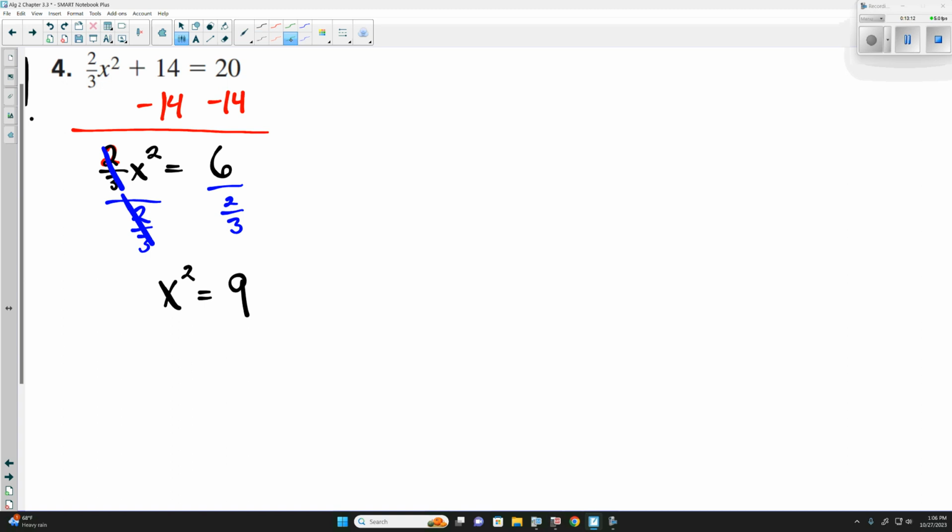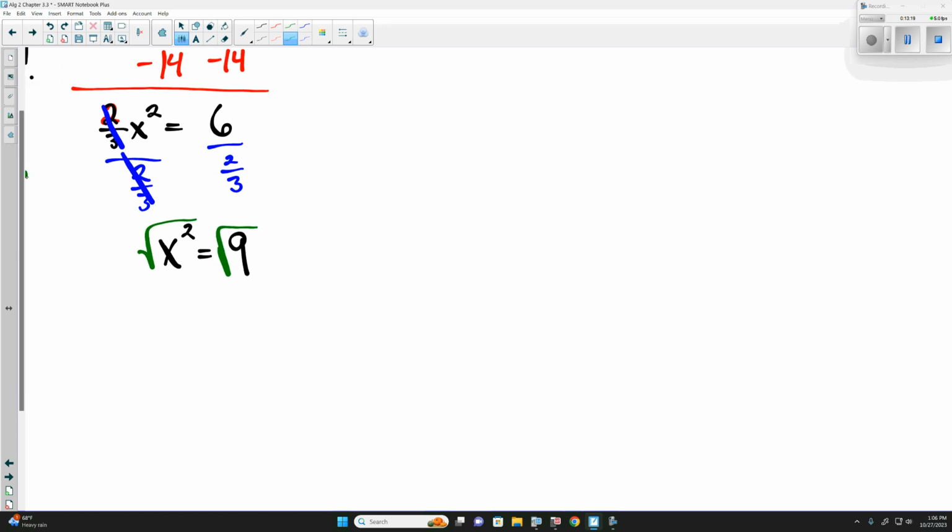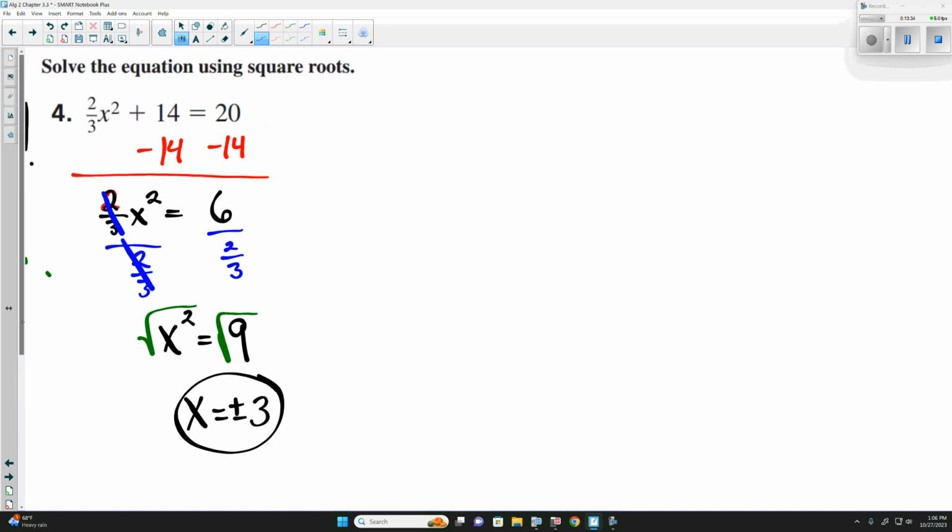Now what would we do? We'll take the square root of both sides. And the square root of x squared is x is equal to plus or minus 3. And that's it.